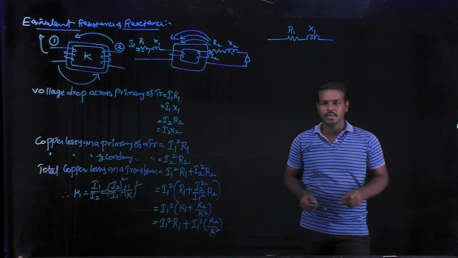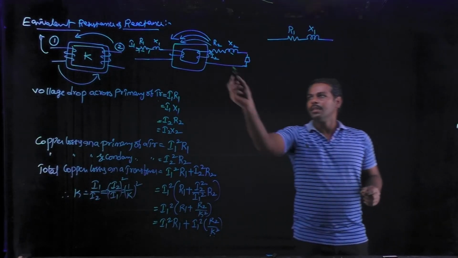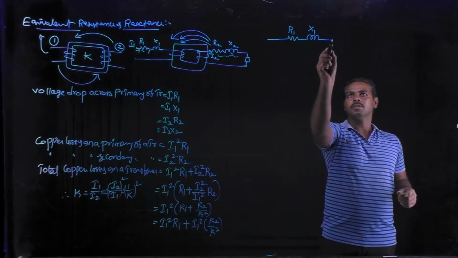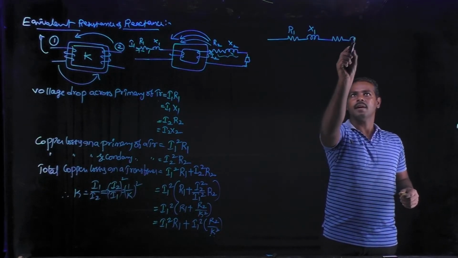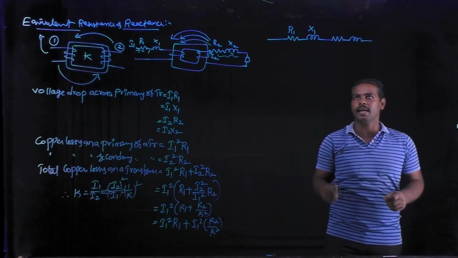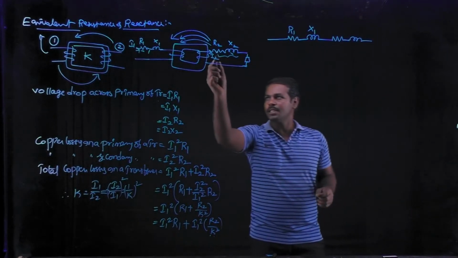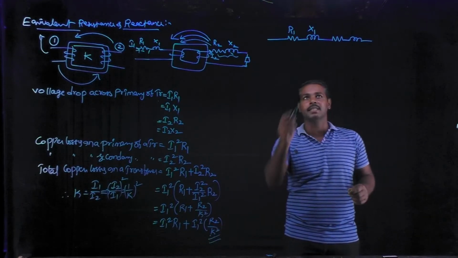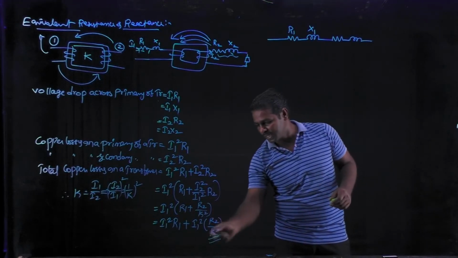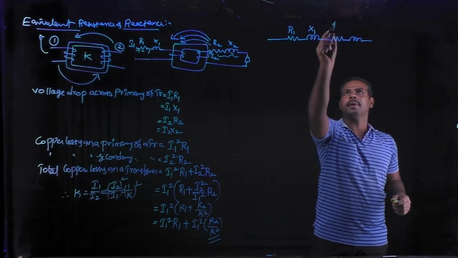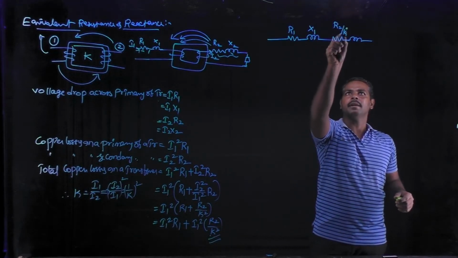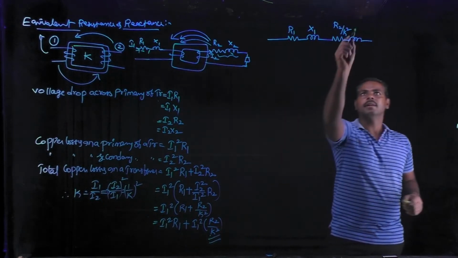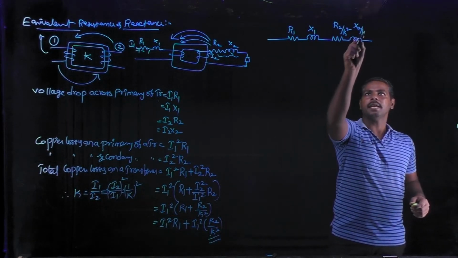Second, the secondary parameters are referred to the primary side. The resistance should keep its performance, so it is changed to R2 divided by K square. The reactance is shifted by the same procedure, to X2 divided by K square.